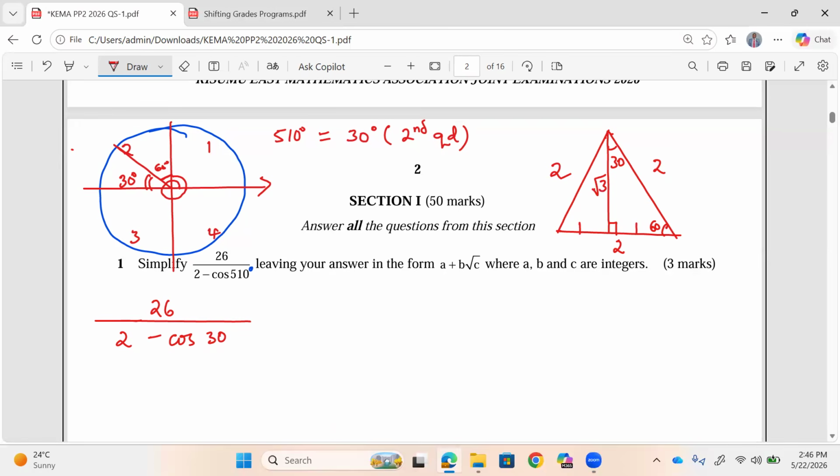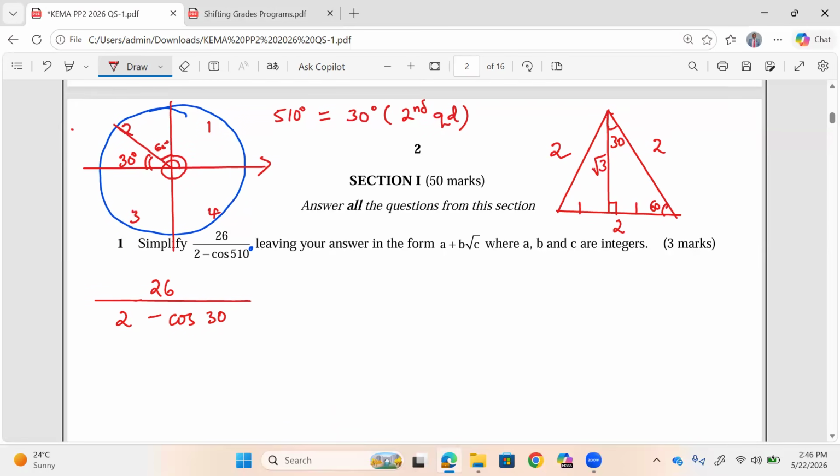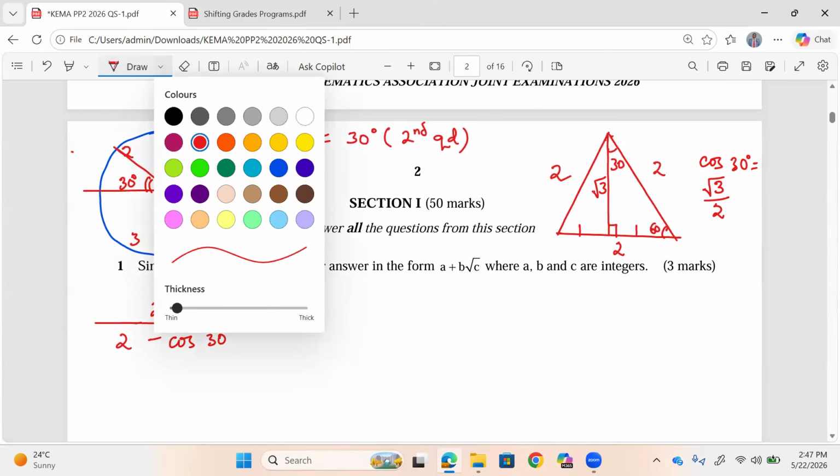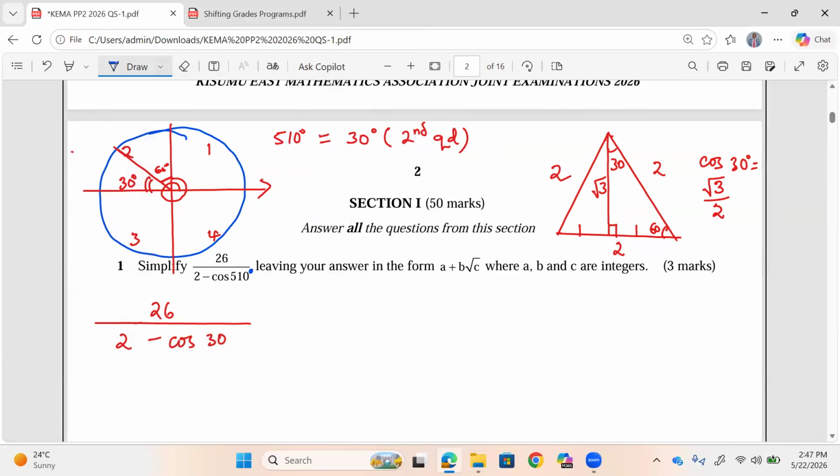So when we are talking about cosine of 30, we should talk about adjacent length, which is root 3, out of hypotenuse, which is 2. Then the other thing that we're supposed to know is that any other trigonometric ratio can be solved from the same triangle, because with the three sides, we can deal with tan and sine for 30, and for 60, the three trigonometric ratios.